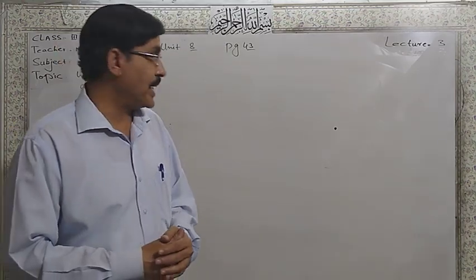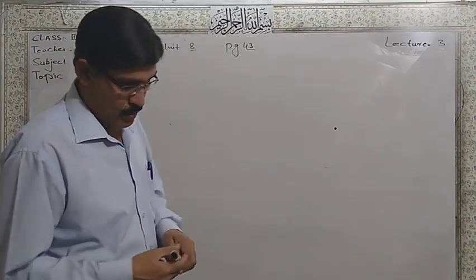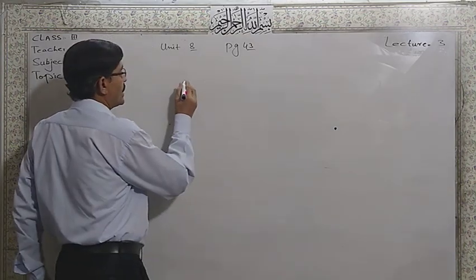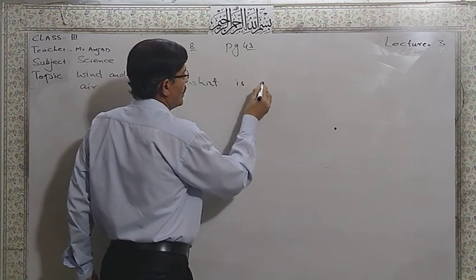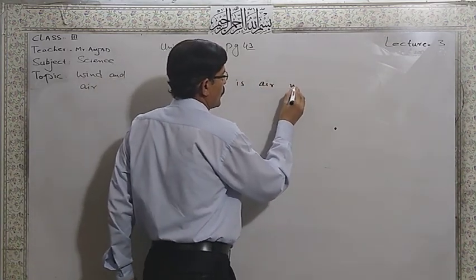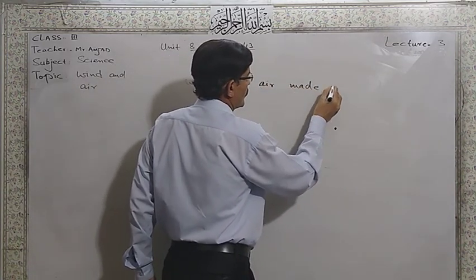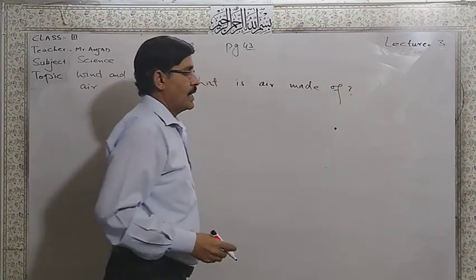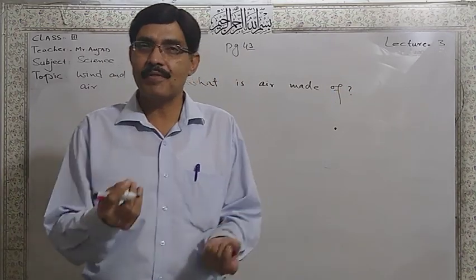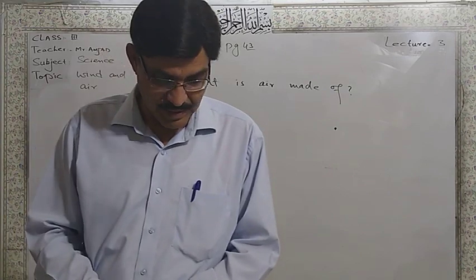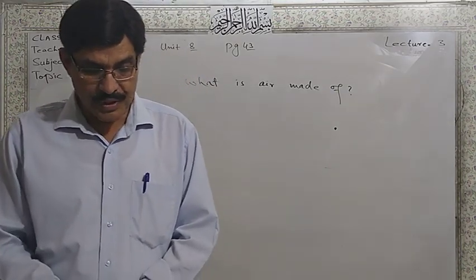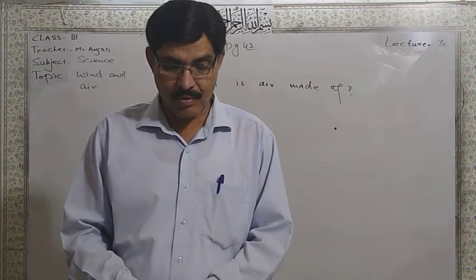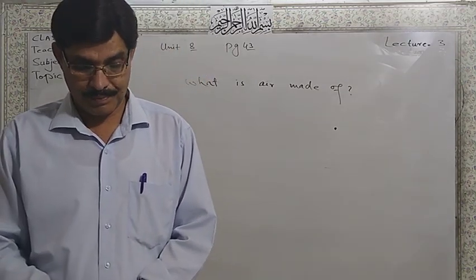What is air made of? In the universe, each and everything is made of something. The earth is surrounded by a layer of air called the atmosphere.